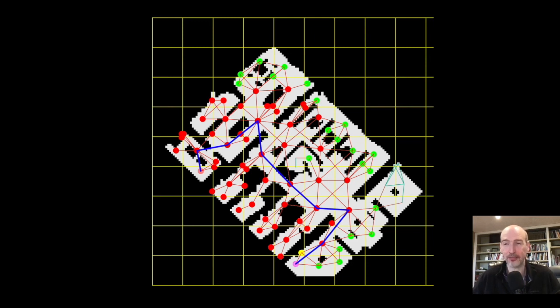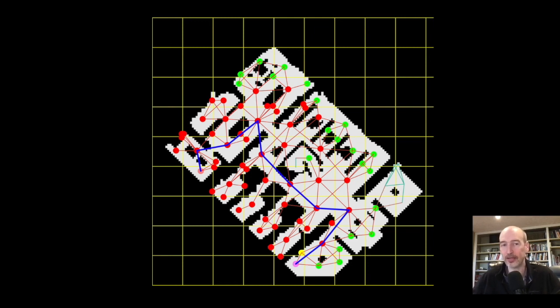Because I said how we find this abstract path, and we've guaranteed that each node represents a strongly connected region, and then each edge represents an exit basically from that sector and region to a different sector and a different region.